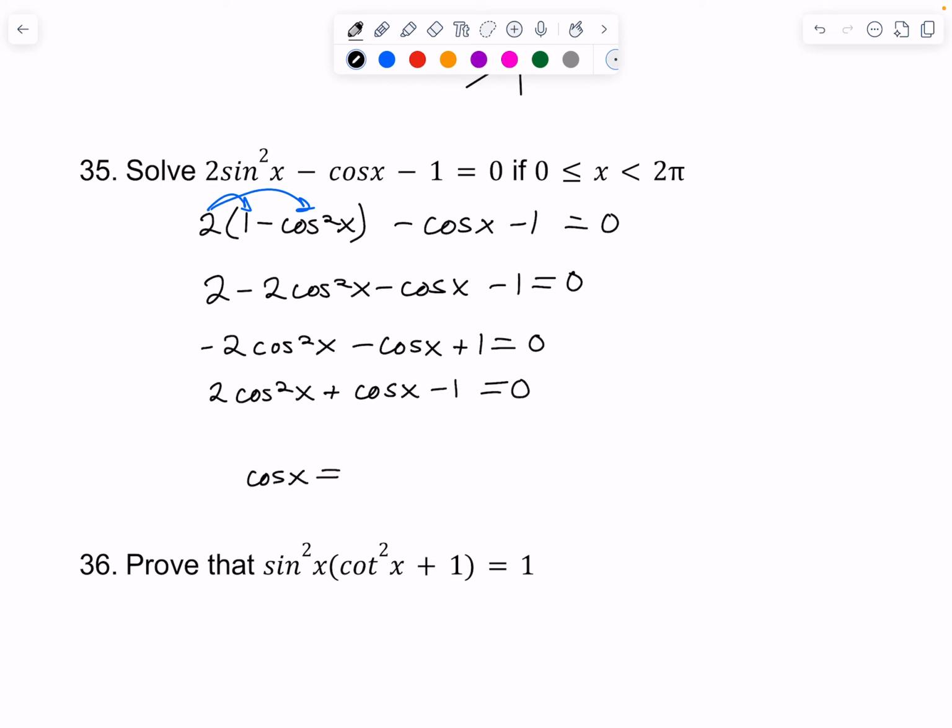Then I'm going to use my quadratic formula. So cosine x is -b plus or minus the square root of b squared minus 4ac all over 2a.